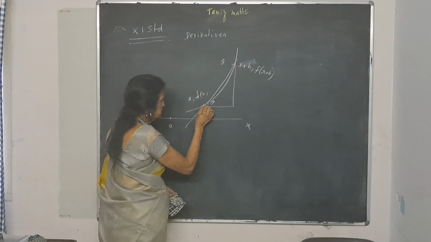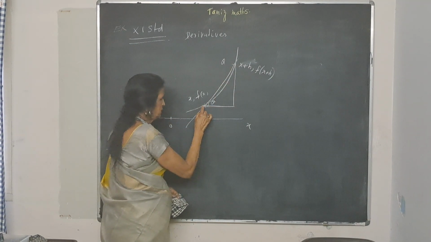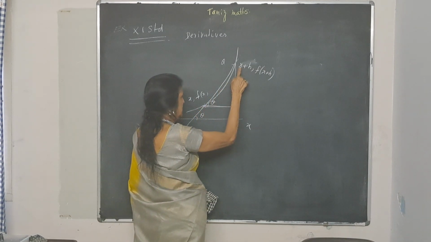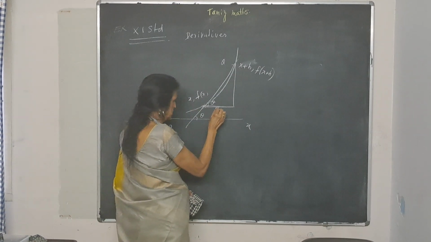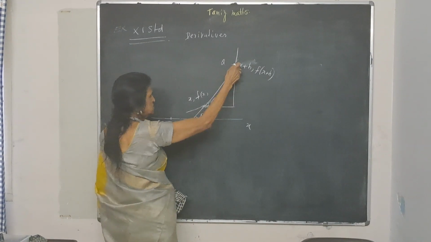Now this length is the x-coordinate here minus the x-coordinate here. What is the x-coordinate here? x plus h. What's the x-coordinate here? x. So this will be h. Now what will be this?